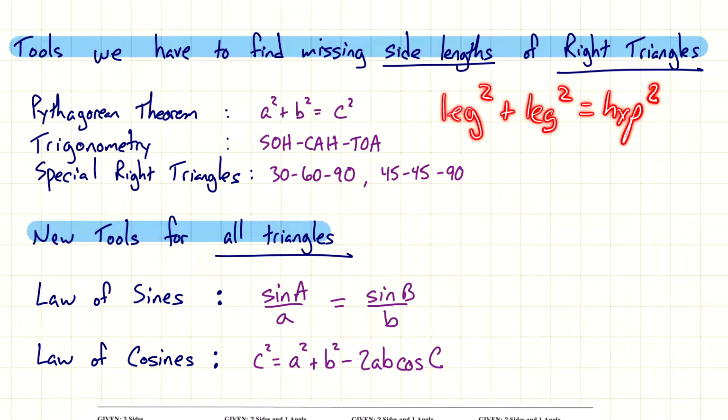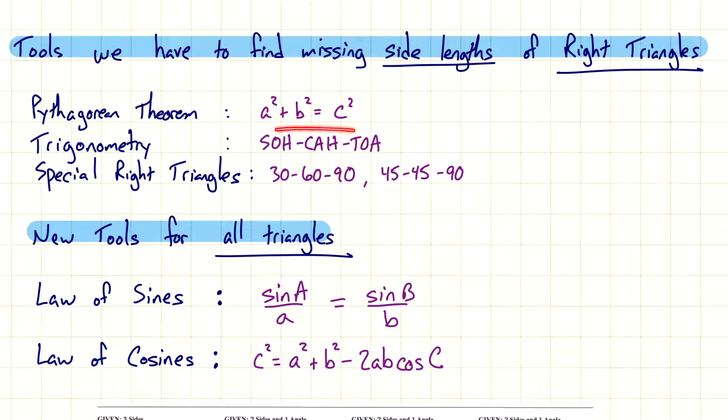So that's another way of writing it. Then we learned trigonometry, sine, cosine, tangent, with the acronym SOHCAHTOA to help us remember that. And then we learned about special right triangles, 30-60-90 and 45-45-90.